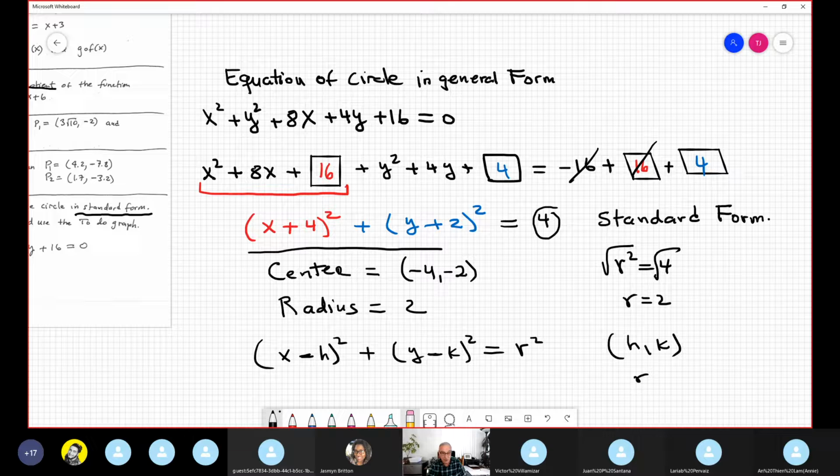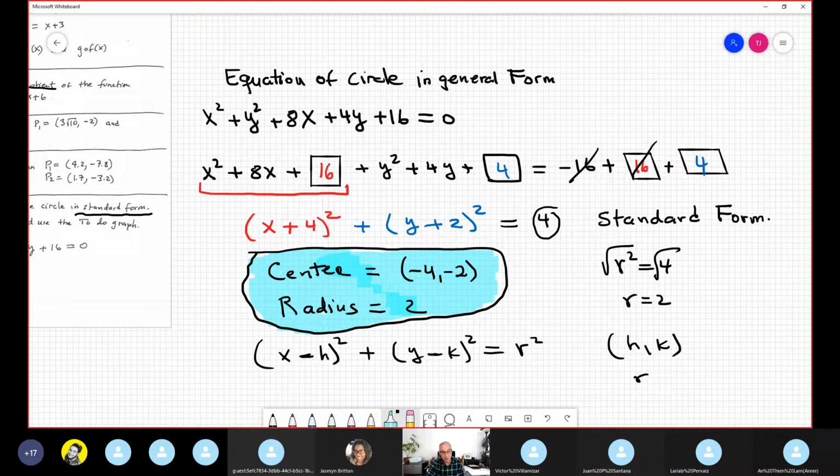This is the most important conclusion. Be careful. Center, opposite sign of the number in the equation. And the radius is the square root of the number that you can see in the right-hand side in standard form. See 4, you apply square root, it's 2.